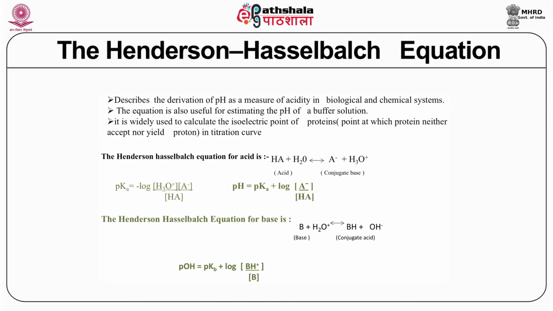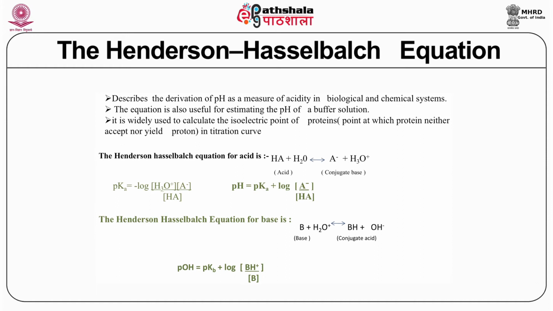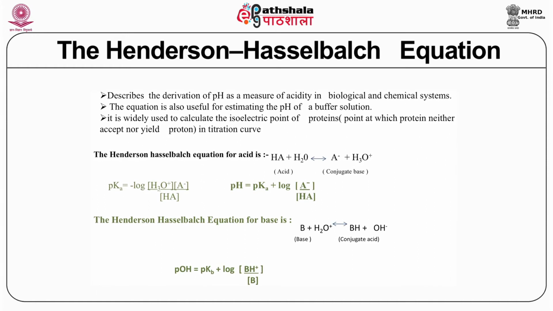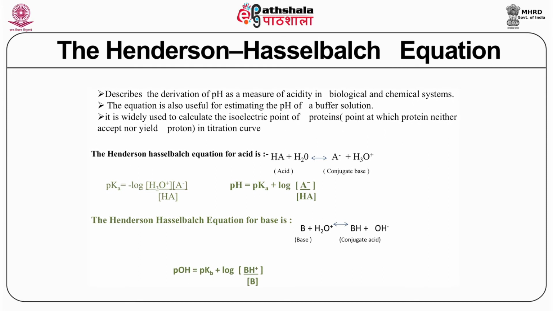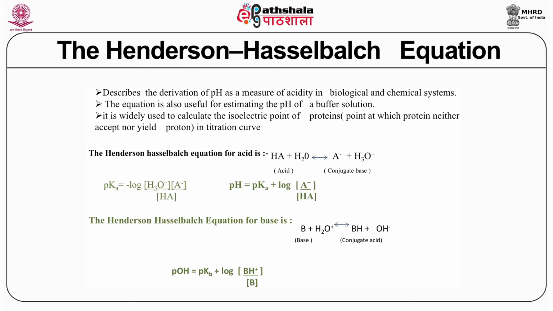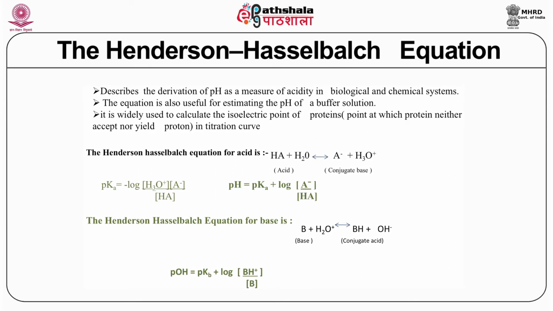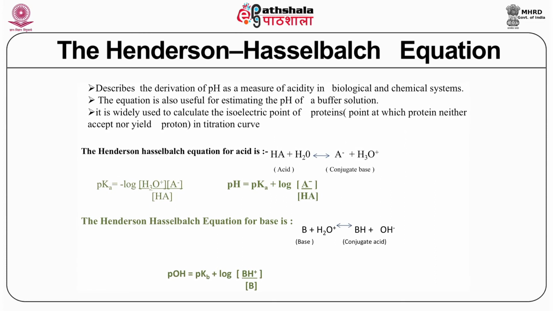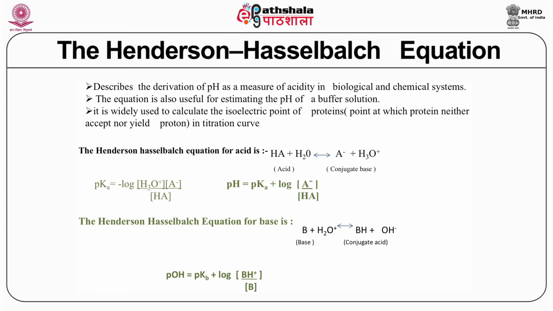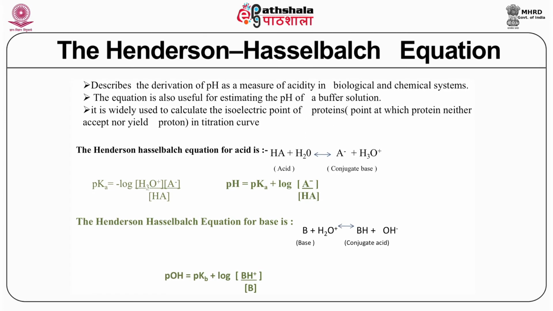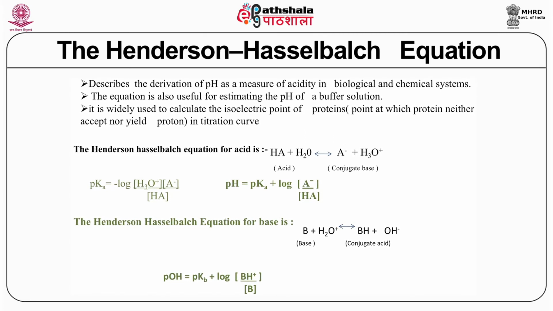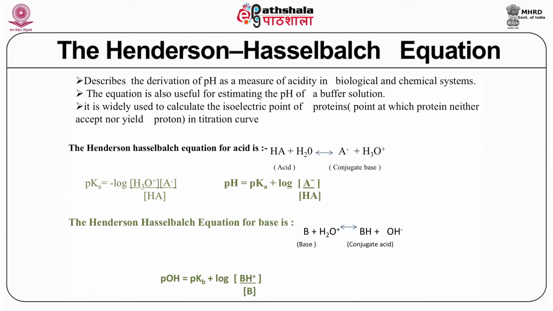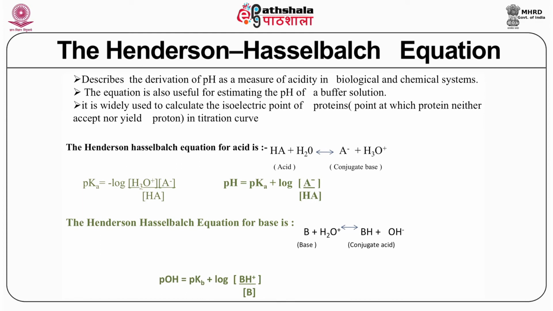Similarly, you can write for a base also: B plus H2O gives BH plus and OH minus, therefore pOH, that is the hydroxide ion concentration, equals pK plus log BH plus by B, that is the ionized form by the unionized form of the base. This is the way you use the Henderson-Hasselbalch equation.